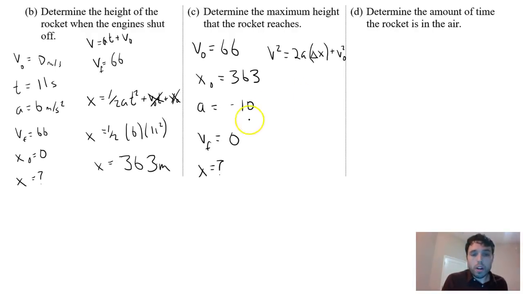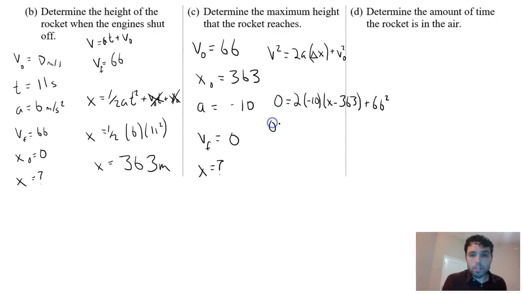So v squared, well, the final velocity is 0. 0 squared is 0. That's easy. 0 equals 2a, and a is -10. Delta x is final minus initial, and initial was 363. Plus v naught squared, and v naught was 66, so I'll square that number. I'm looking for x here.